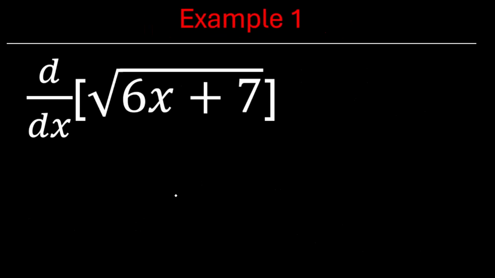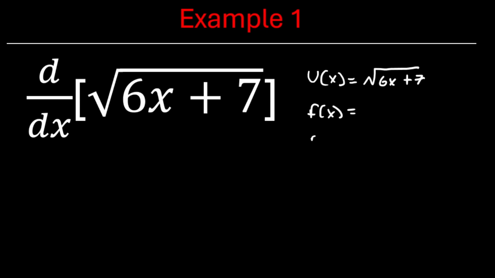All right, next example, d dx of the square root of 6x plus 7. So in this example, our u of x is the square root of 6x plus 7. So can we find an outer and inner function here?